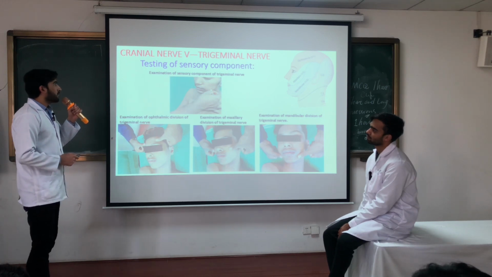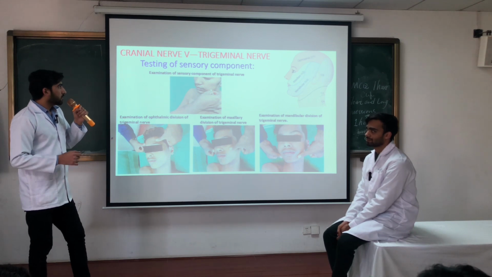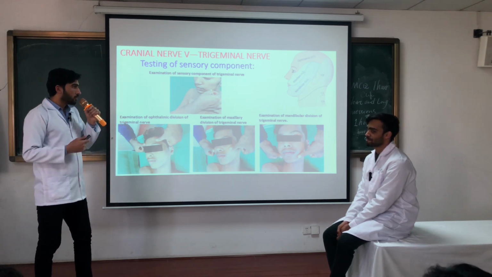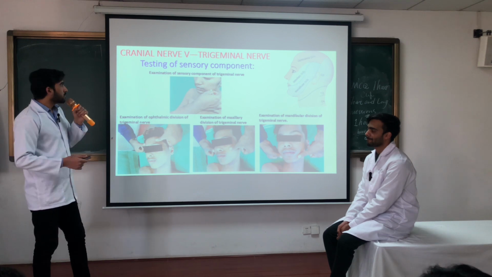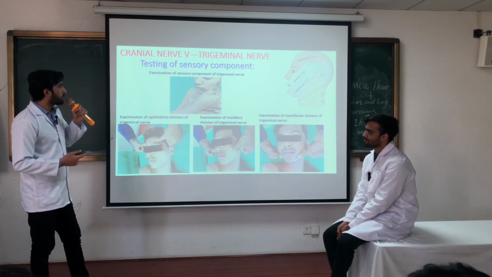Next, cranial nerve 5 is the trigeminal nerve. It's a sensory and motor nerve. So that's the testing of the sensory component, examination of the sensory component of the trigeminal nerve.